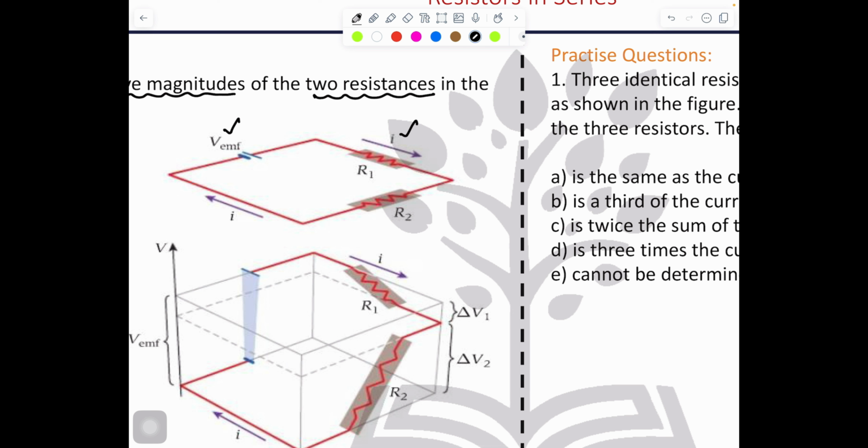Let's say current starts moving. This is the positive plate, this is positive, here it is negative. So you will get positive here and negative here. It means they are connected in series.